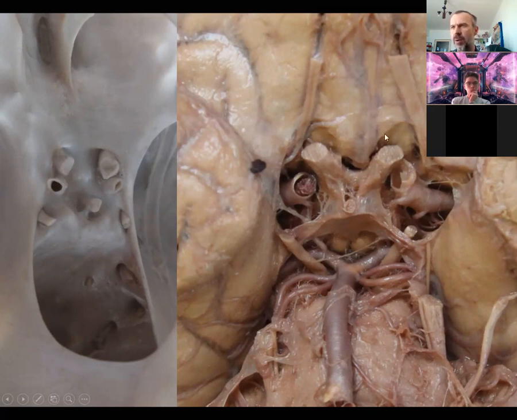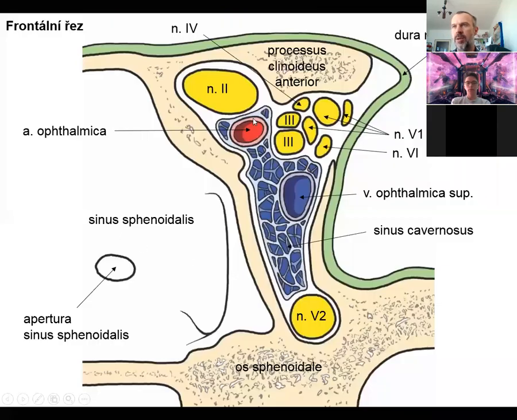This is the brain from below, so we can nicely see here the basilar artery, trigeminal nerve, and the optic chiasm, and the internal carotid artery. So this is cut from here, yeah? And the ophthalmic artery is hidden here below the nerve.